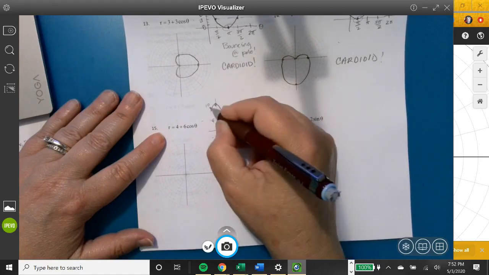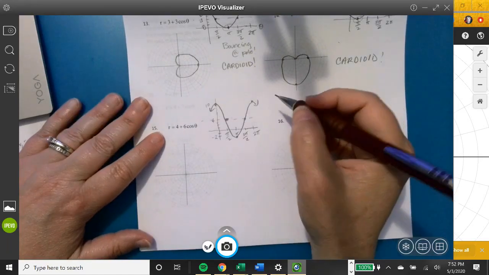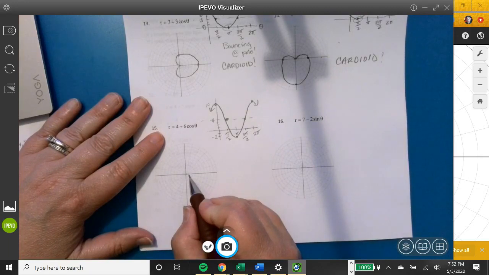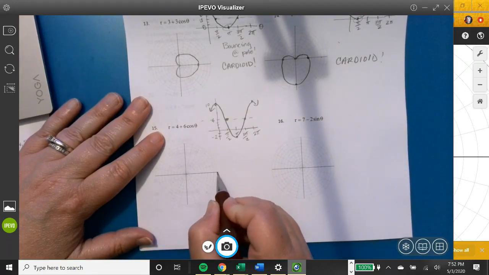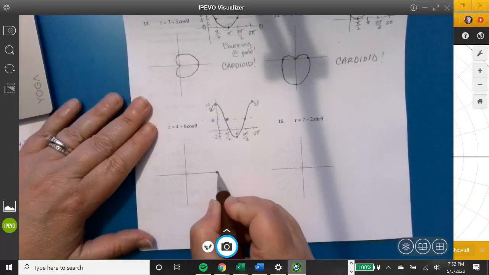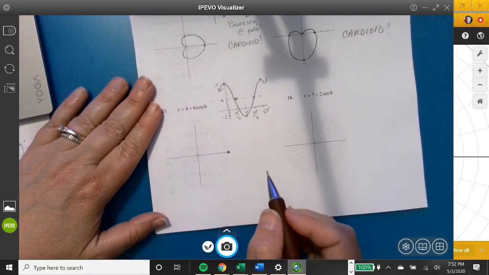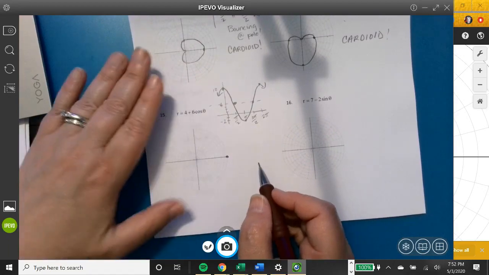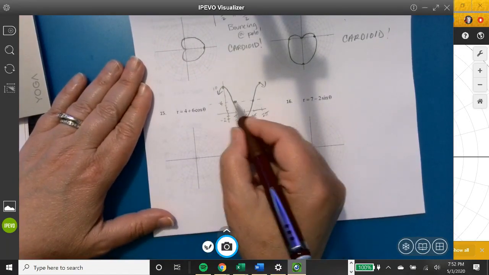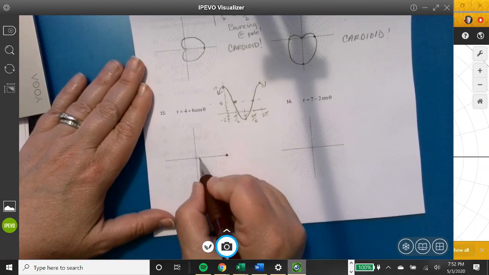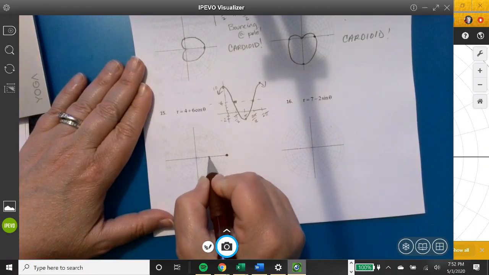So we're going to go out 10. So 1, 2, 3, 4, 5, 6, 7, 8, 9, 10. Plot my point. Thank goodness I had 10, right? I might have to make these in different increments if I didn't. And then we go out radially 4 and rotate 1, 2, 3, 4 to pi over 2.